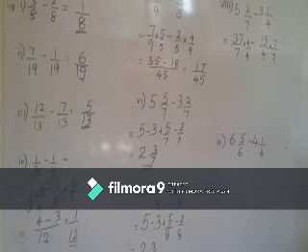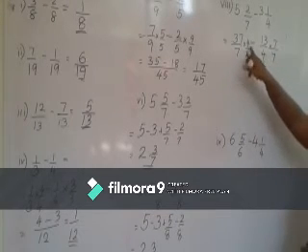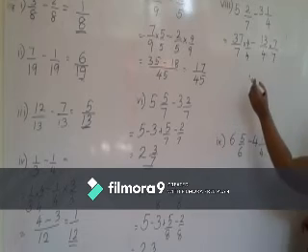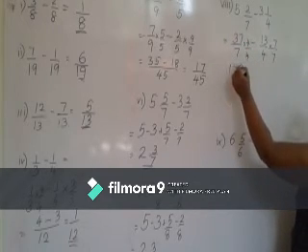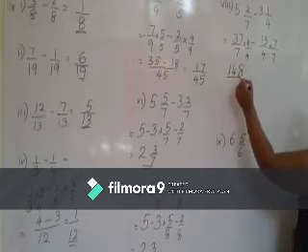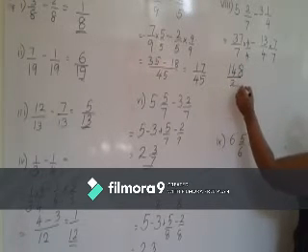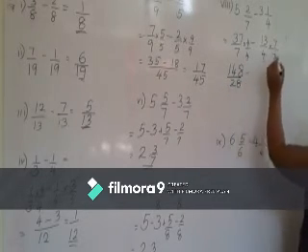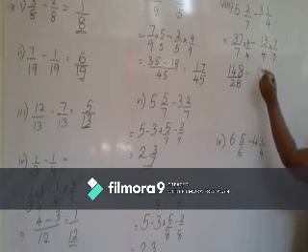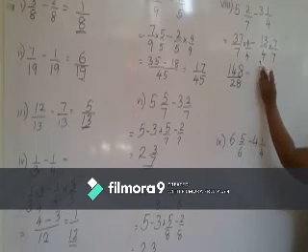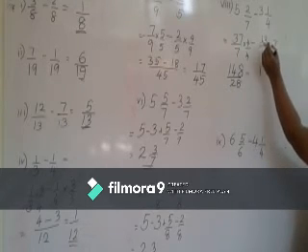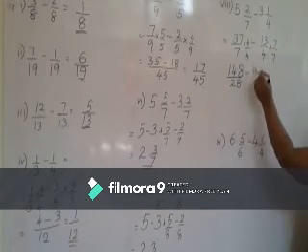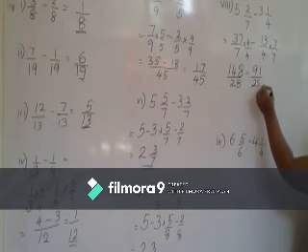Then 4 times 7 is 28. 4 times 37 is 148 and... 4 times 3 is 12, 12 and 2 is 14. 4 times 7 is 28. 7 times 13 is 91.